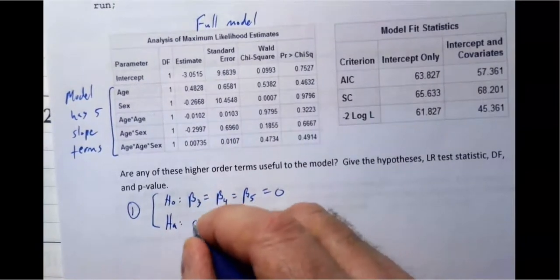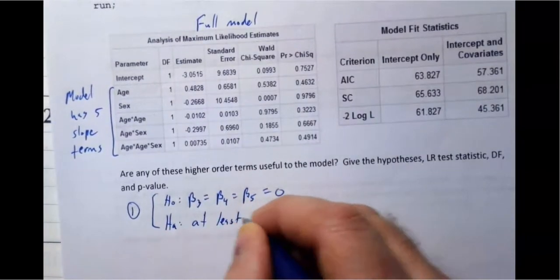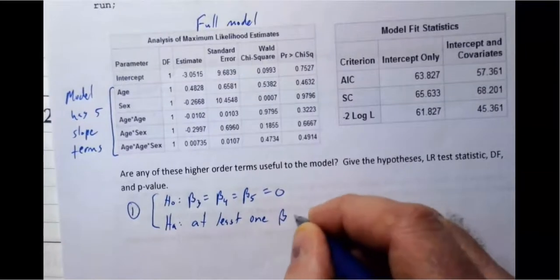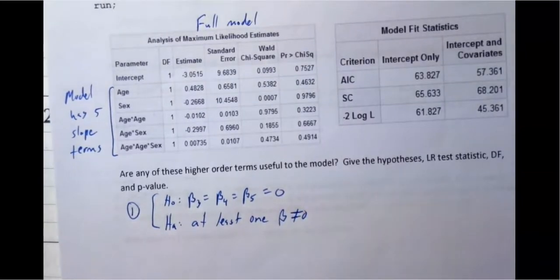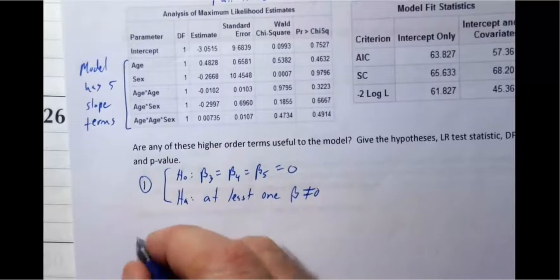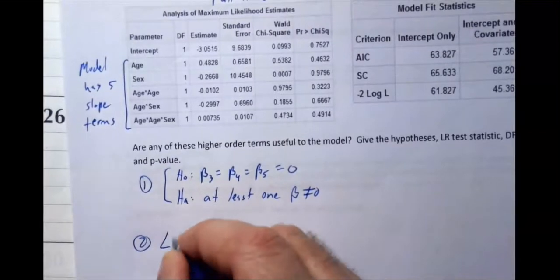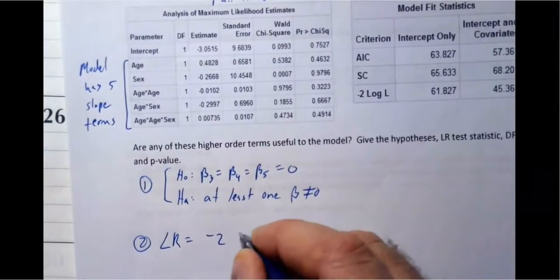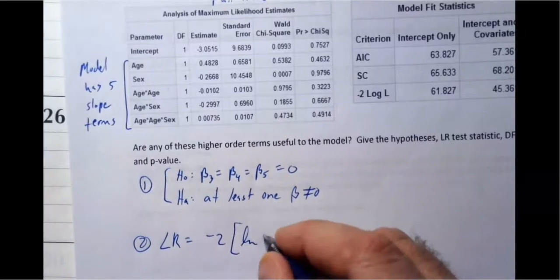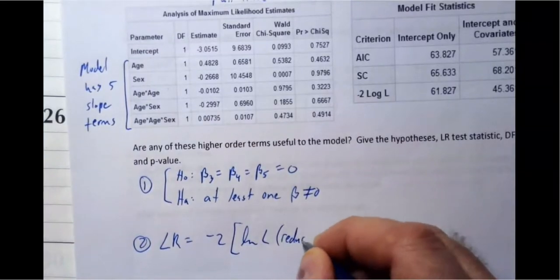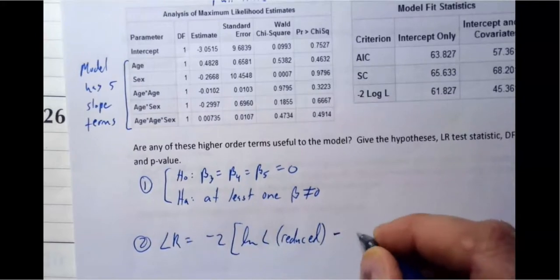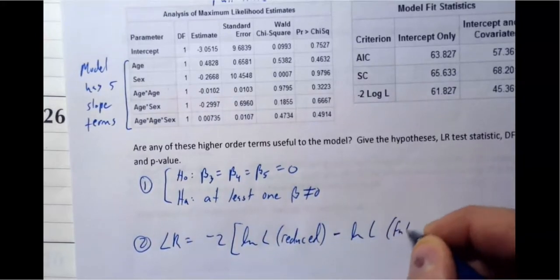The alternative is at least one of these betas is not equal to 0. We need a test statistic. My likelihood ratio test statistic is -2 times the log likelihood for the reduced model minus the log likelihood for the full model.